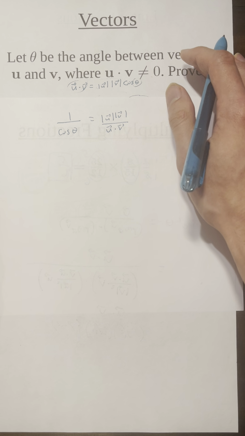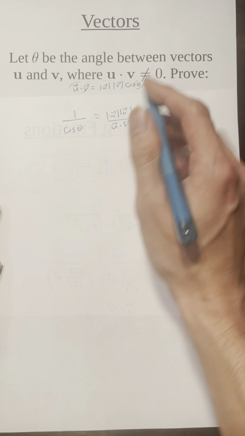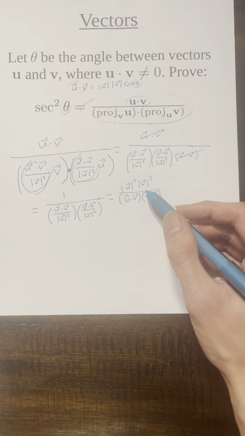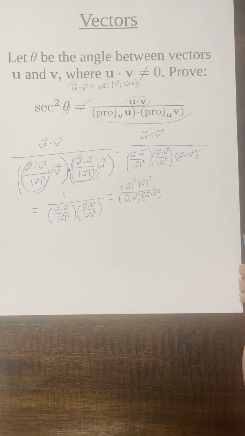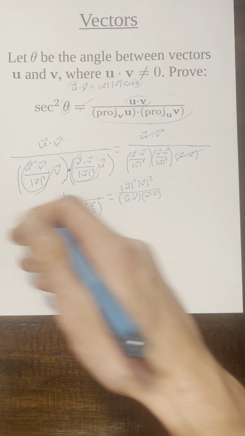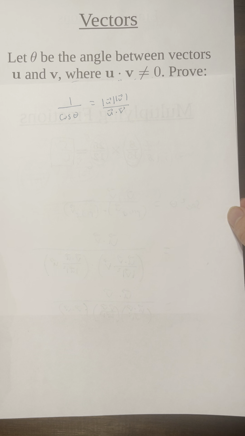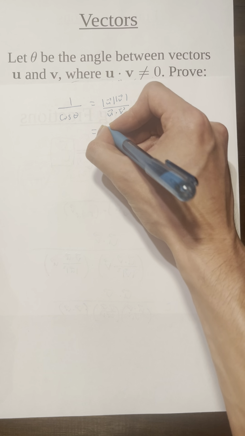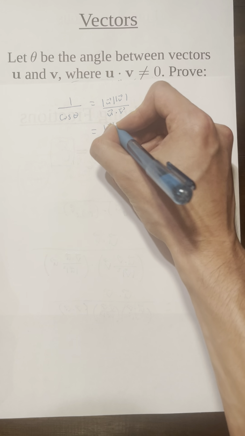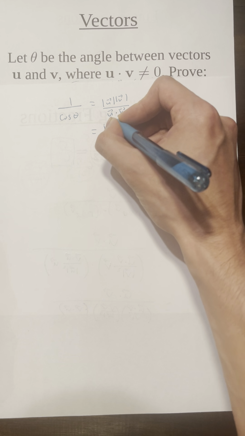Okay. Now what's different between this expression and this expression? So it's the squared terms. But this looks very, very close. Very close. So let's try to introduce some squared magnitudes as well here.